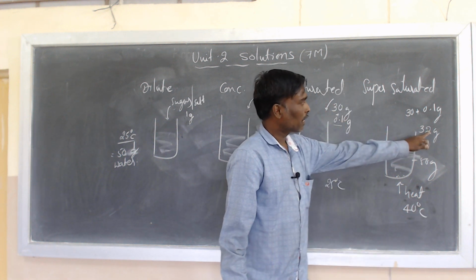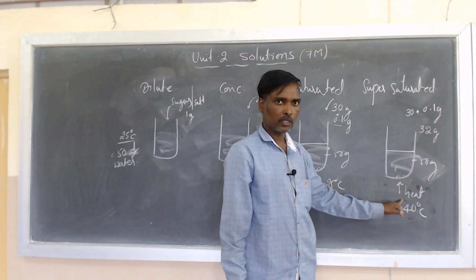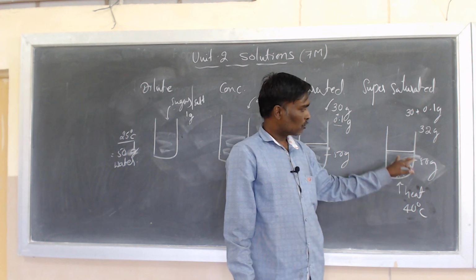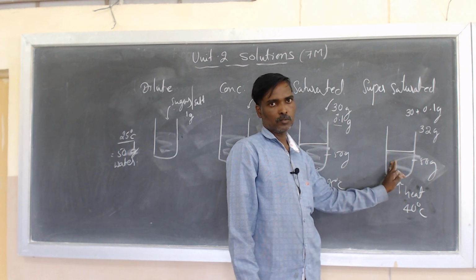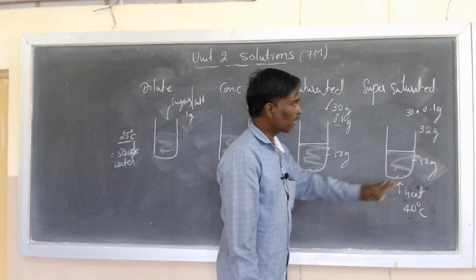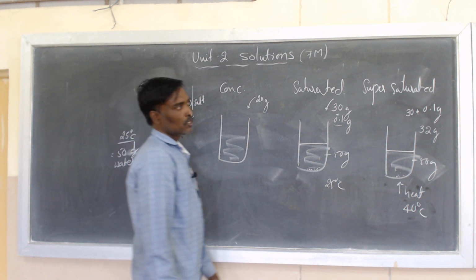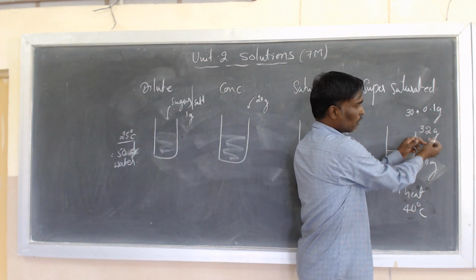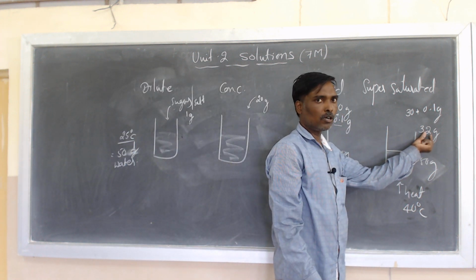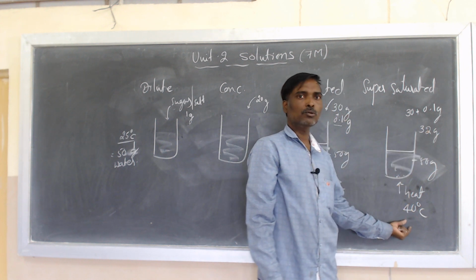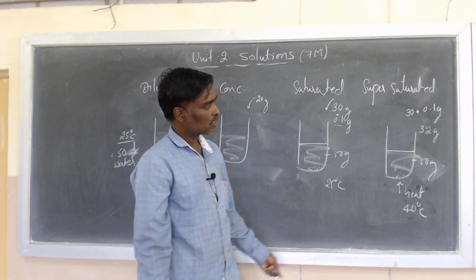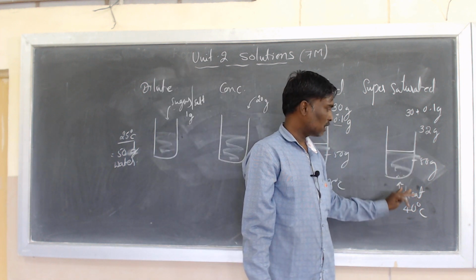Then another 2 grams of that solute is dissolved in that solvent, so that solution is a supersaturated solution. Again, if you cool that supersaturated solution, 2 grams of sugar gets separated. When you reach a temperature of 25 degrees Celsius, 2 grams of sugar gets settled down.